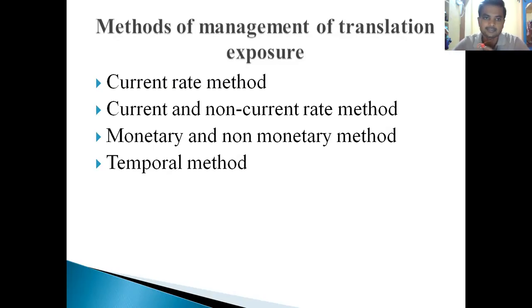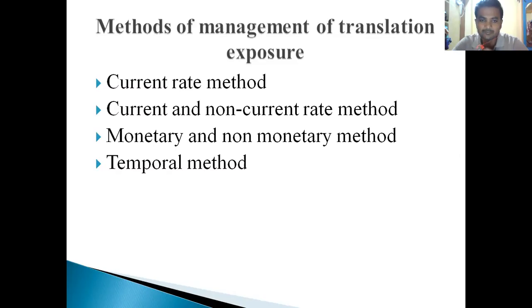There are some conditions. In each and every problem, we need to identify which company is the subsidiary, where the subsidiary is located, and where the parent company is located. The subsidiary company submits its financial statements in its local currency to its parent company.